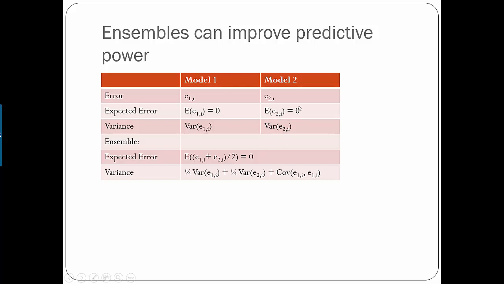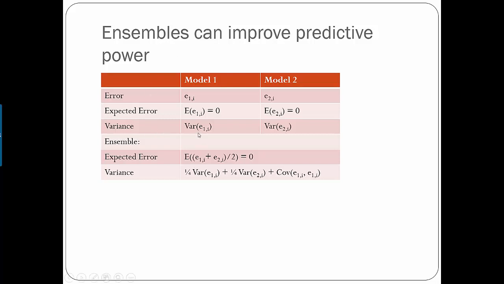Now when you combine the two results and average them in some manner, the expected error is going to be the average of these two, which will be 0 plus 0 divided by 2, which will be 0.